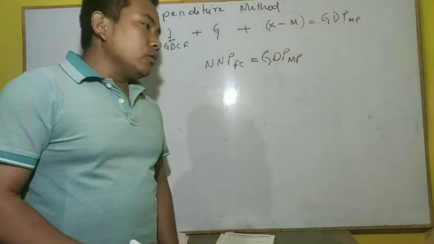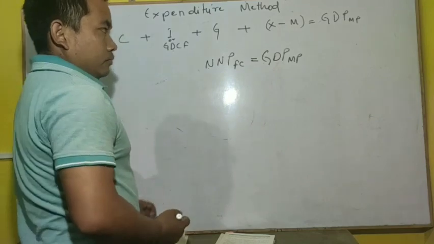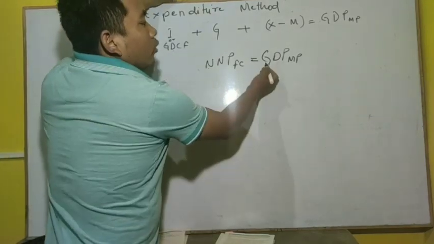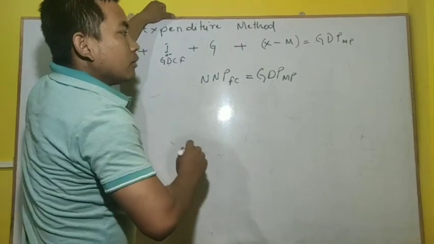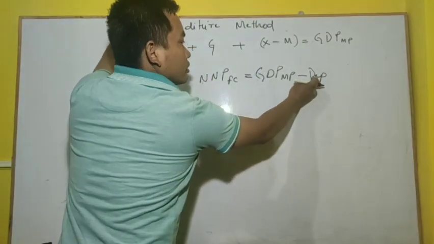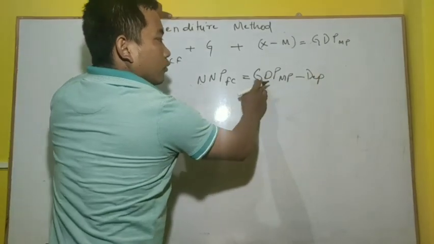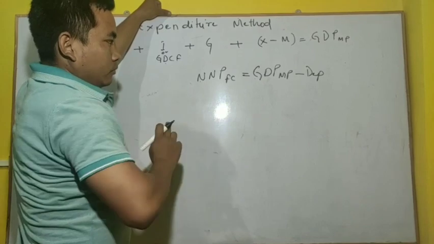In my first video, I told you the difference between net and gross. In the value of gross, we have depreciation, but we need to find the value of net. That means we need to subtract depreciation. If we subtract depreciation from the gross, then this G will be converted into net.